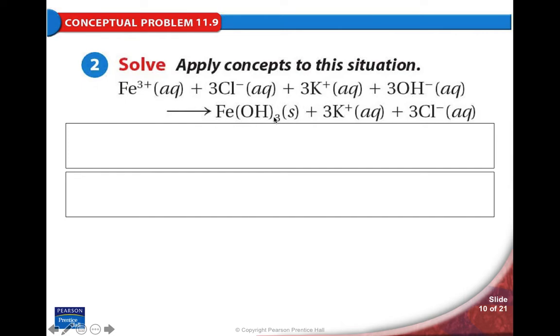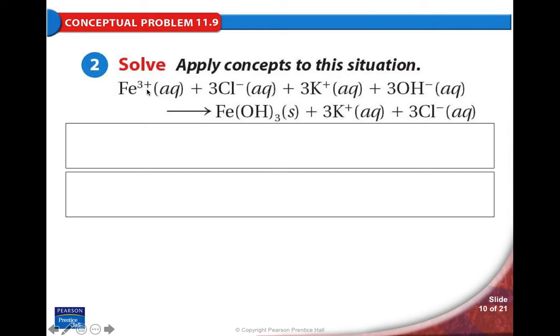However, the iron hydroxide that forms the precipitate is going to need 3 hydroxide ions, which means we're going to need 3 potassium ions, which is good because we need a +1 and a -1. We need equal numbers of positive potassiums and negative chlorides. So this is a complete equation, all the ionic species plus the precipitate.